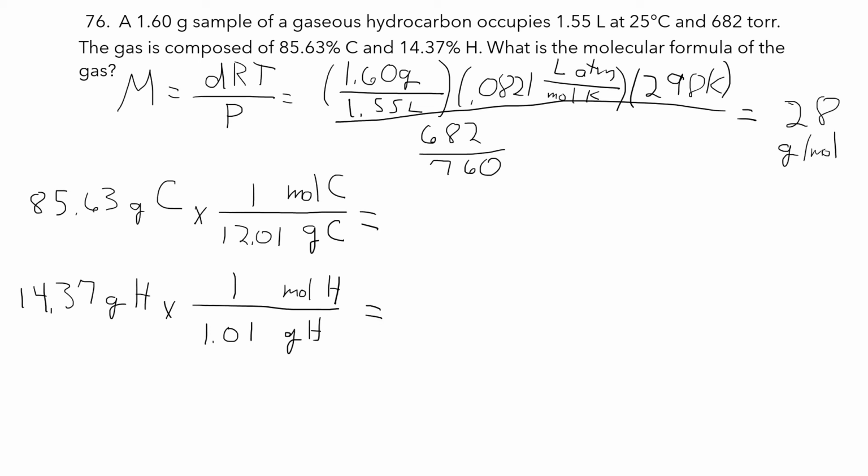All right, let me run those numbers through my calculator. 85.63 divided by 12.01 is going to be equal to 7.13 moles of carbon, and then 14.37 divided by 1.01 is going to be 14.2 moles of hydrogen. We want to divide through by the smaller number, which would be 7.13.